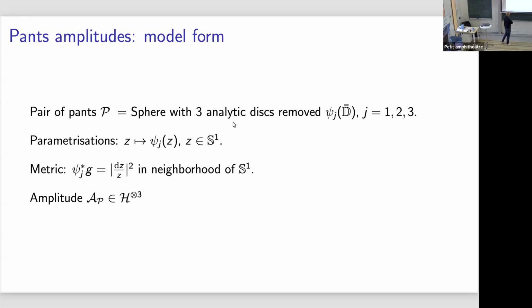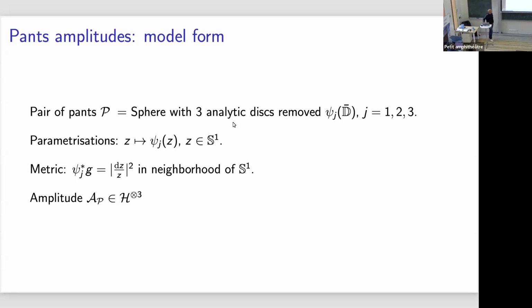You can see the band as the Riemann sphere with 3 analytic disks removed, and these analytic disks are given by holomorphic maps from the disk into the Riemann sphere. So it gives you the 3 disks. Is that clear or not?